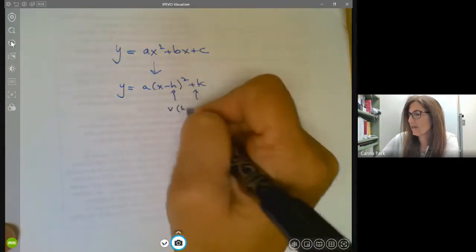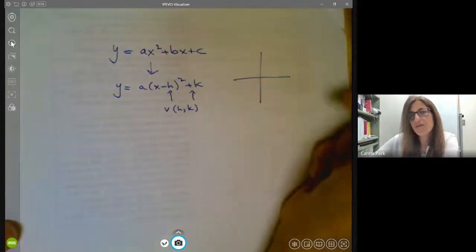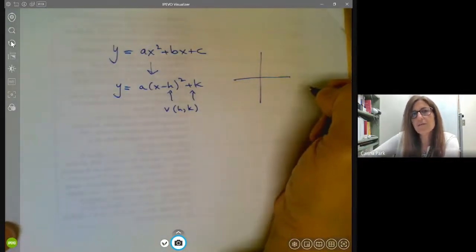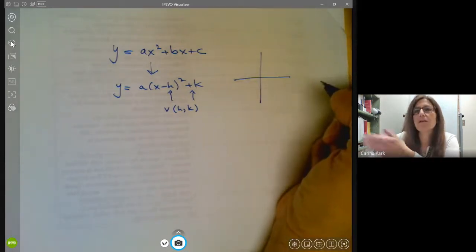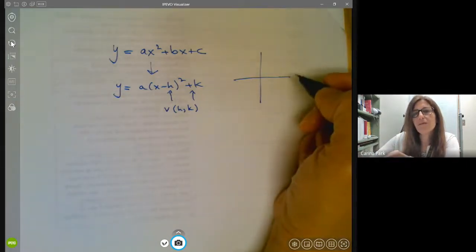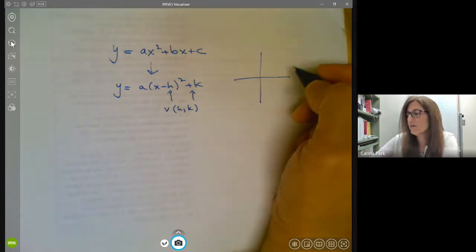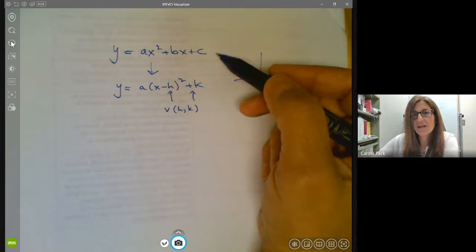And from vertex form, we can read the vertex, right? The vertex is (h, k). And this is useful because if we're asked to solve a maximum or minimum problem, so what is the maximum profit, or what is the maximum area, or what is the minimum cost, or any of those things, we have to know where the parabola sits and how high it goes or how low it goes. So from the standard form, it is very hard to tell.